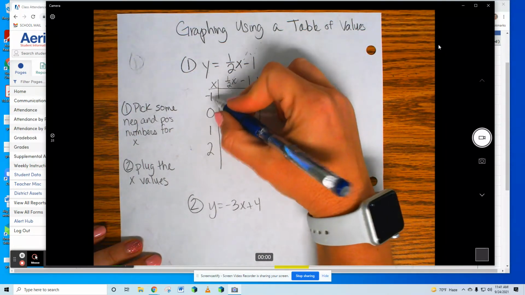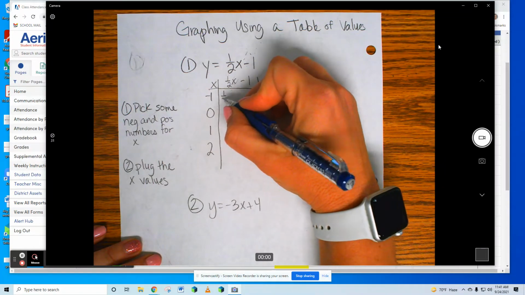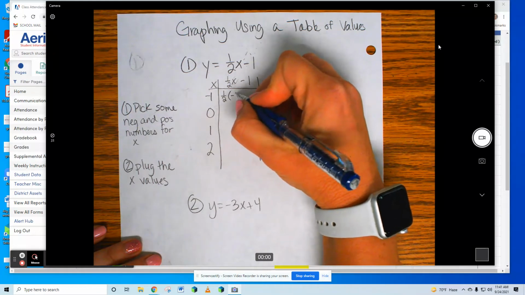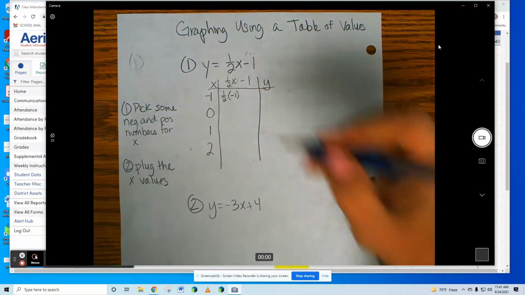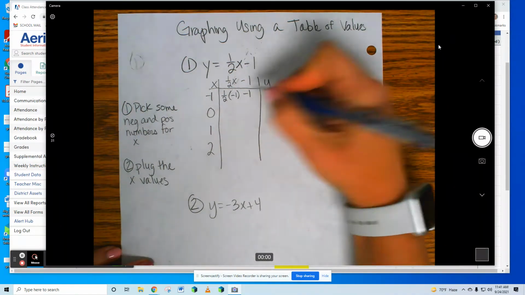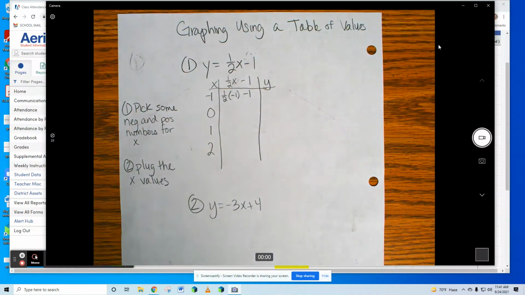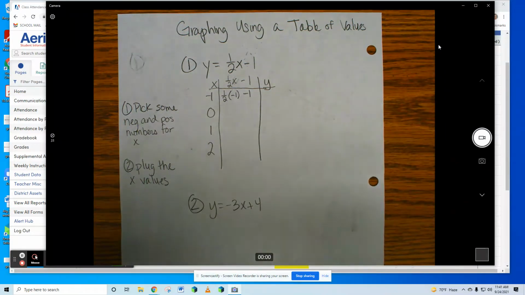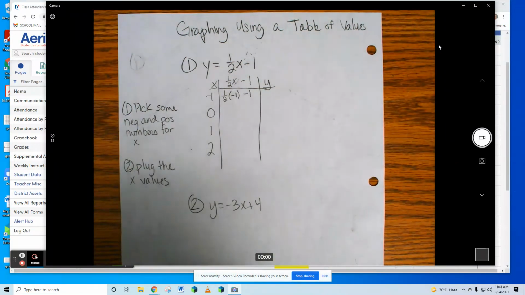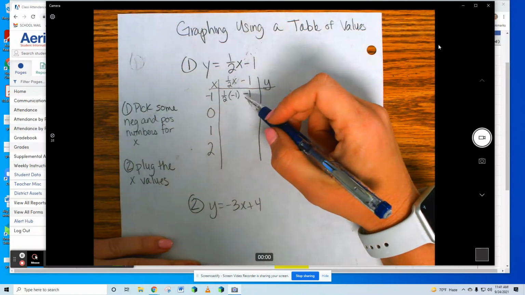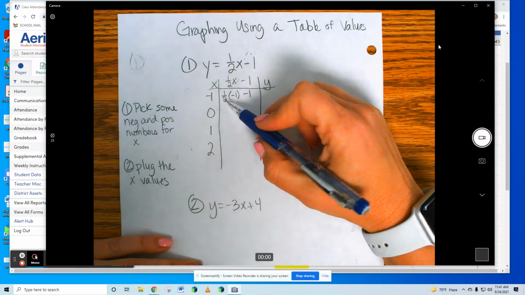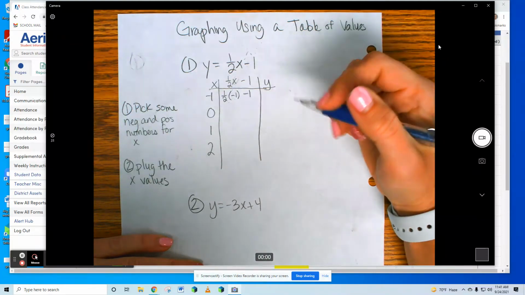So x is -1. I'm going to write my equation. 1/2 times -1. Instead of x, put a parentheses and a -1, minus 1. Now I have to do this math and I need to get an answer. Order of operations says that I'm going to do multiplication first before I subtract.